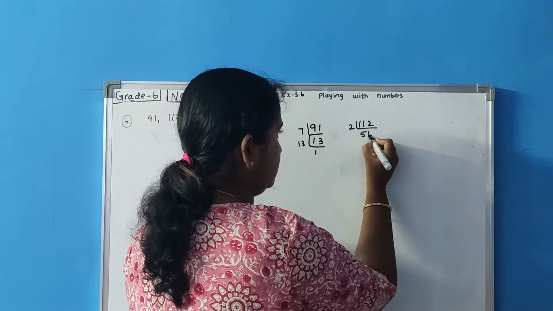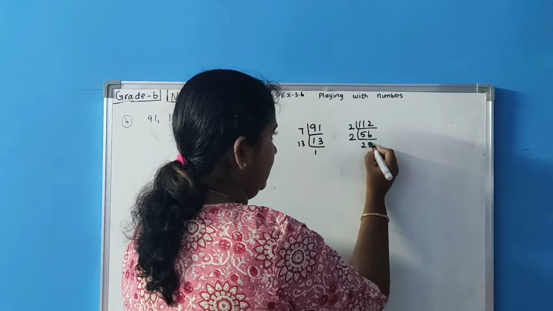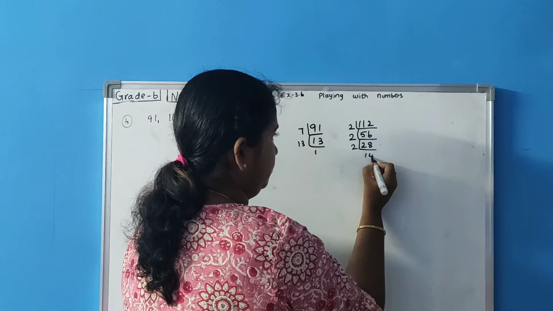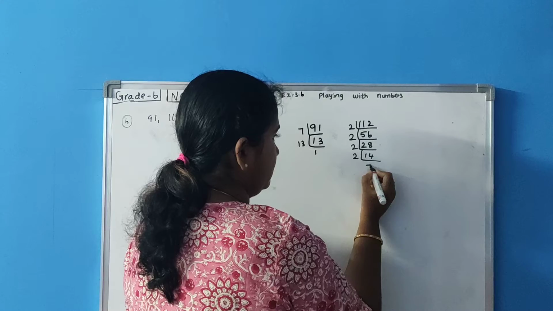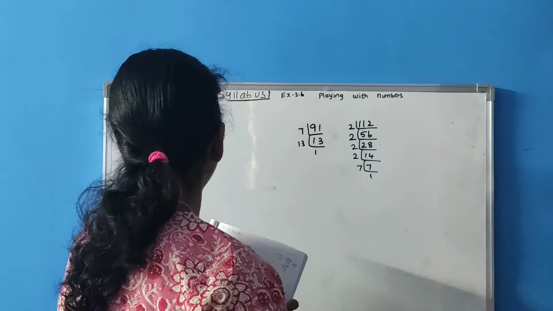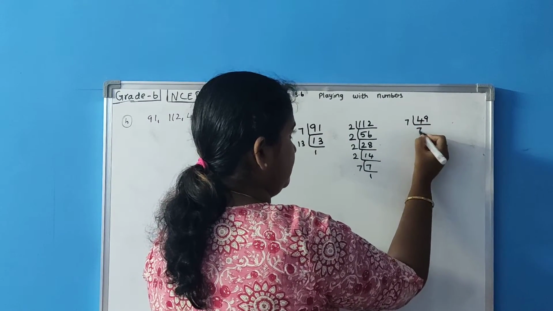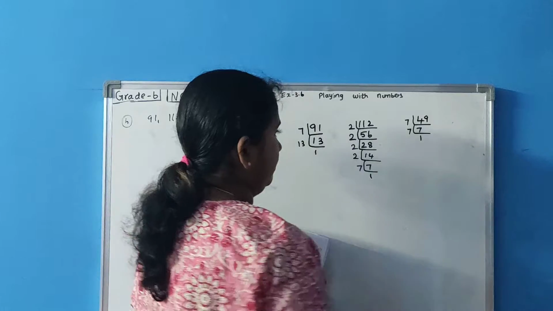Balance 12. 6 2s are 12. Again 2 table. 2 2s are 4. Balance 16. 8 2s are 16. Again 2 table. 1 2s are 2. 4 2s are 8. 2 table, 7 2s are 14. 7 table, 1 7s are 7. Okay. Now 49. 49 we all know. 7 7s are 49. 7 table 1.